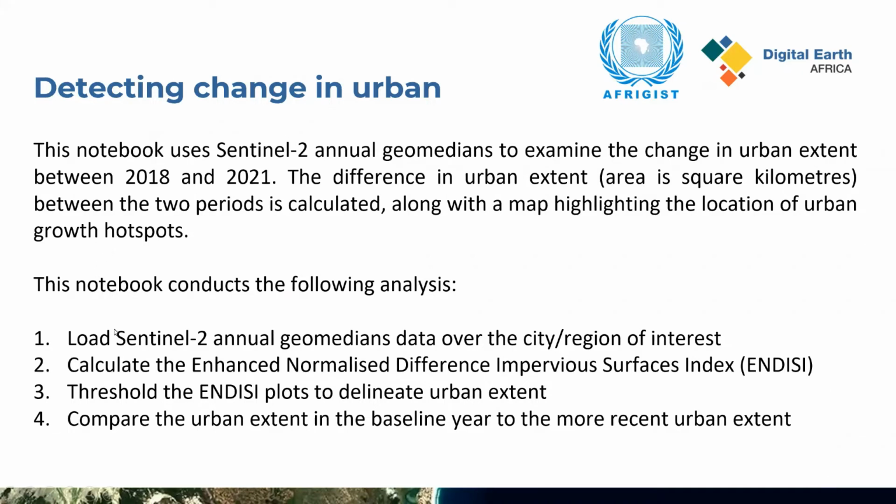Firstly, we will be loading the Sentinel image, using the Enhanced Normalized Difference Impervious Surface Index, which is an index that is mostly used in urbanization, getting a threshold, and then comparing the urban extent between the two periods of time that we chose.